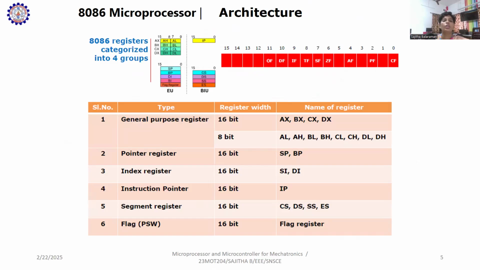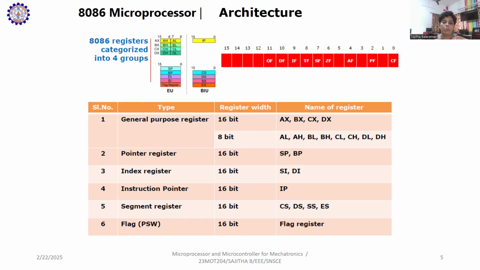Here you can see the 8086 registers and their abbreviations. AX, BX, CX, and DX are the general purpose registers and are 16-bit, as mentioned earlier. They can be again classified as AL, AH, BL, BH, CL, CH, and DL, DH.